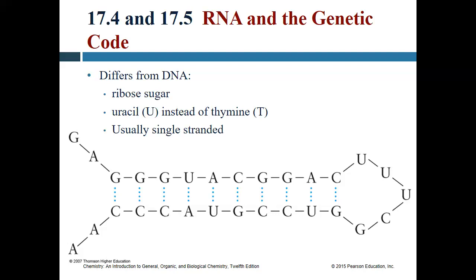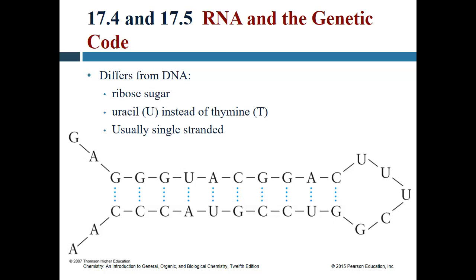So the primary topic today is RNA. Now, we've talked about RNA from a structural standpoint. There are two big differences between DNA and RNA. In RNA, we have the ribose sugar as the sugar backbone instead of deoxyribose.